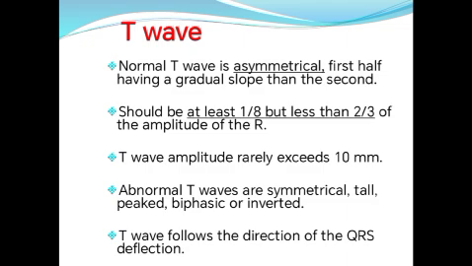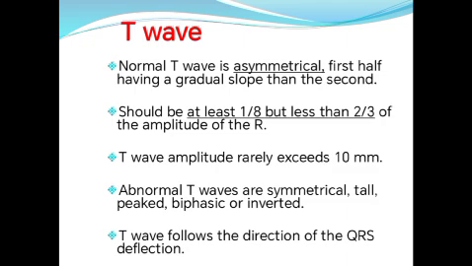We compare the T wave with the R wave. The normal should be less than 2/3, and about 1/8. It rarely exceeds two big squares, over 10 millimeters.